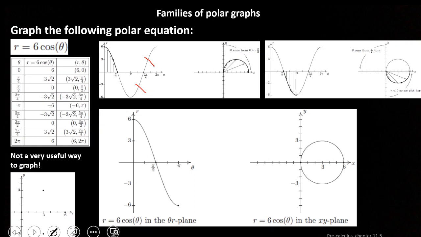Now, here's something that could be tricky, depending on the shape and the structure of the polar equation. The period of this in the xy coordinate plane over here may not be the same as the period of the polar graph that goes around here, right?